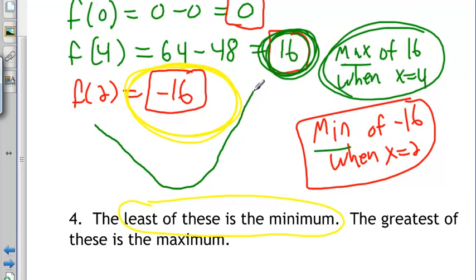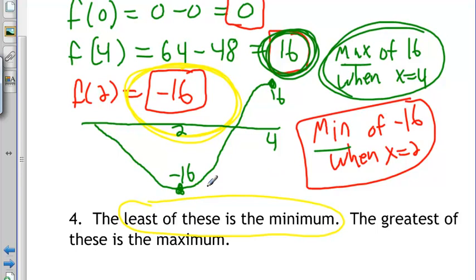So my mistake, we start out at 0 right here. Then we go down to -16, and then we finally wind up at +16 over here. So there's our max, and there's our min. This is when x is equal to 4, and this is when x is equal to 2.